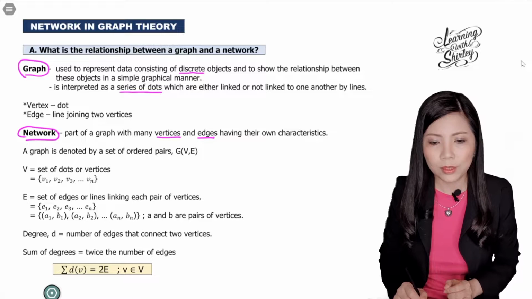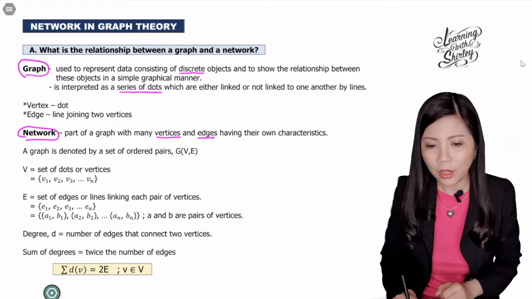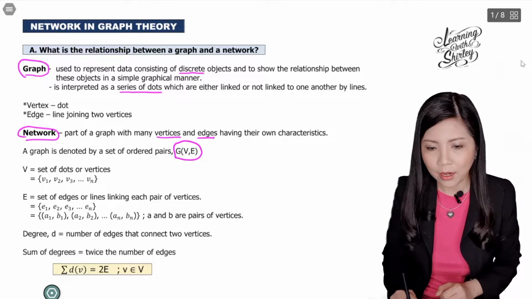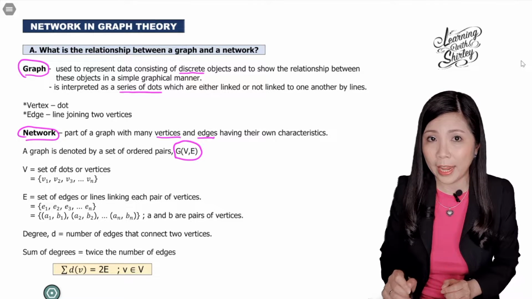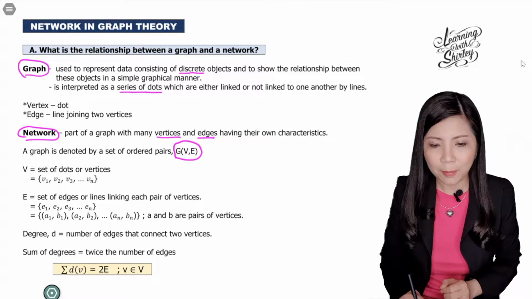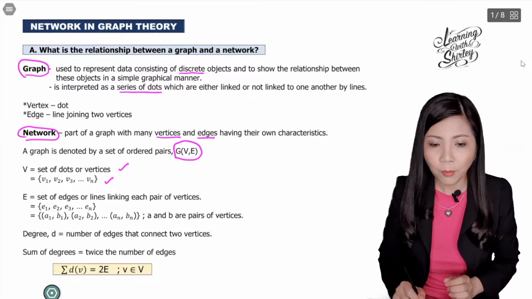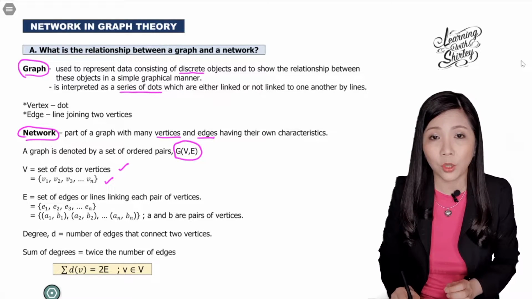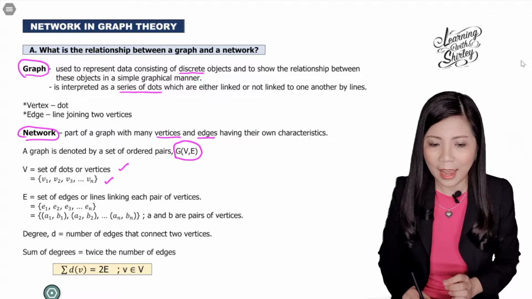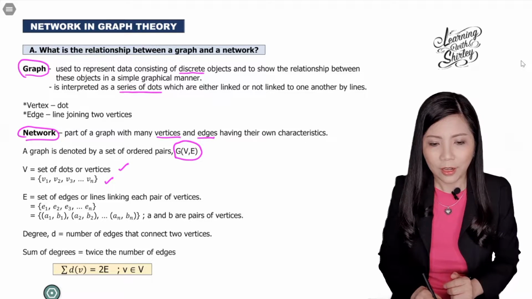A graph is denoted by a set of ordered pairs, which is G = (V, E). V stands for vertex and E stands for edge. Big V stands for a set of dots or vertices, which we can write in set form as V1, V2, V3 and so on until Vn. These are the elements of V. What is E?